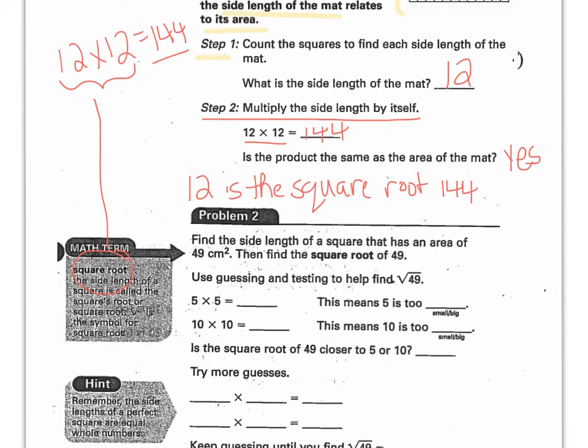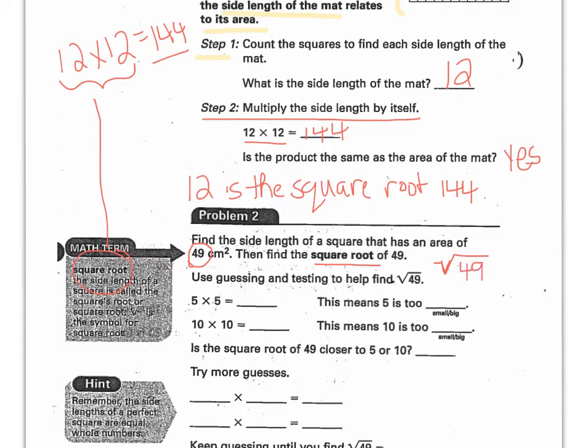Now for problem 2. We are going to find the side length of a square that has an area of 49 centimeters squared. That will give us the square root. This sign, which looks like a division sign, is a square root sign.